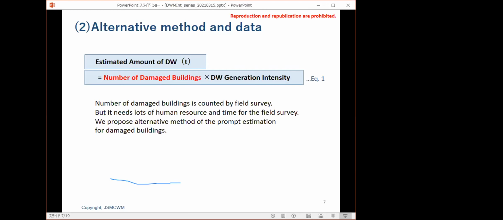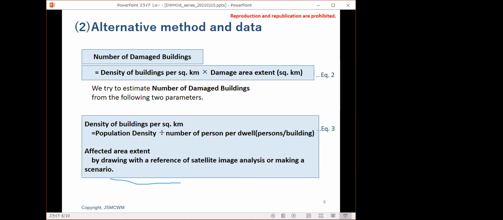maybe we don't have well-trained researchers in a developing country. So this is the alternative method equation.